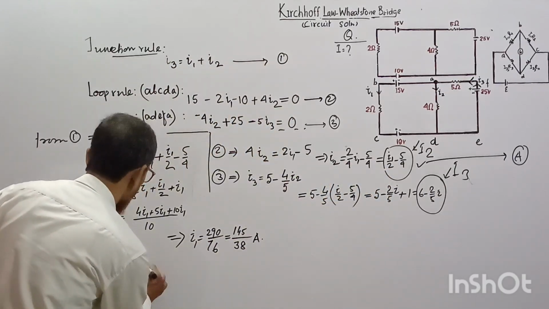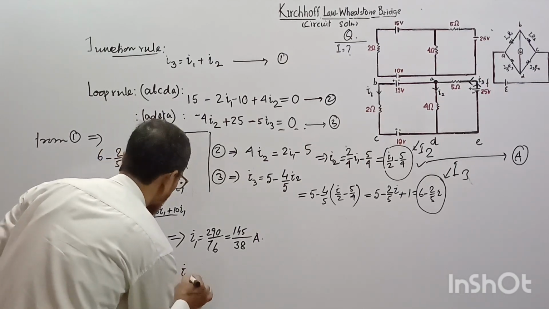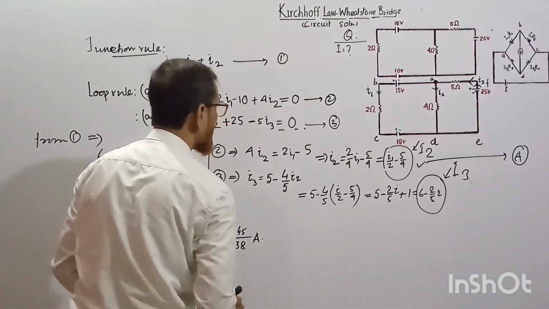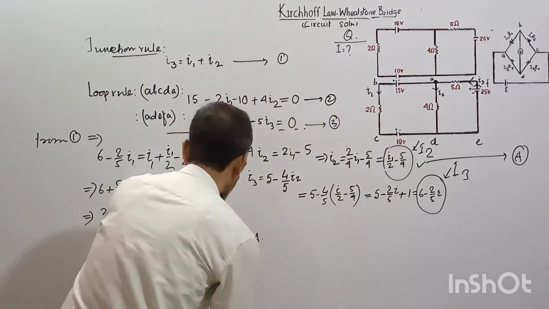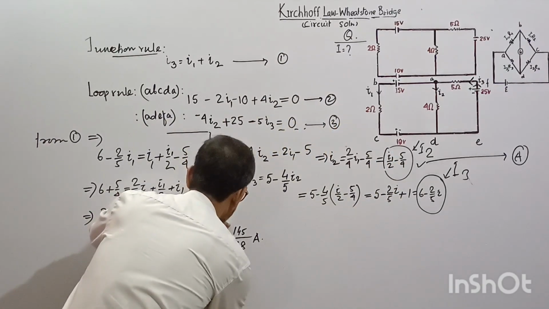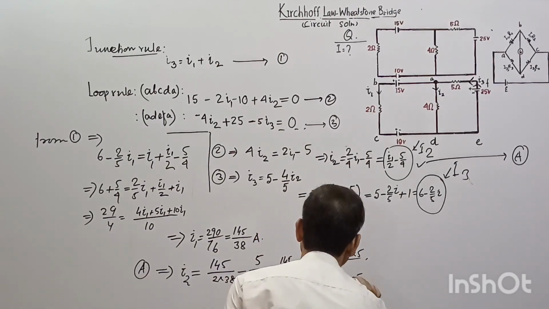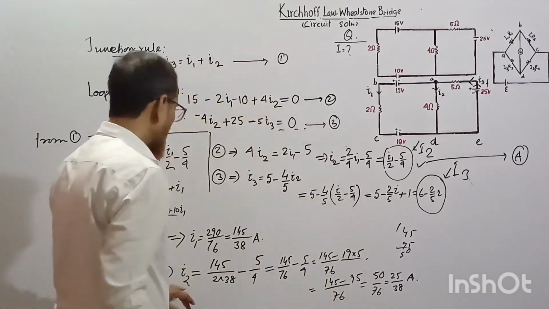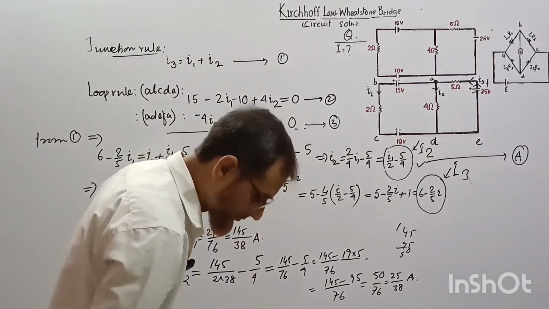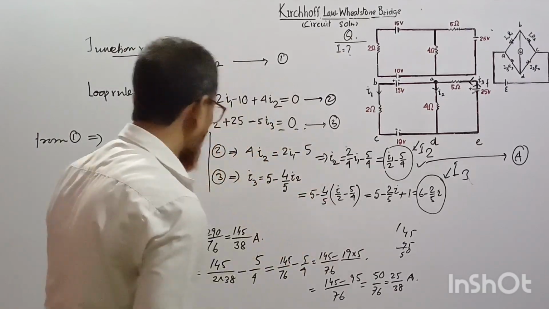So from A we get I2 is equal to I1 by 2, means 145. So we have calculated I2 is equal to 25 by 38.